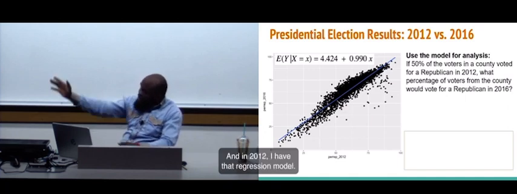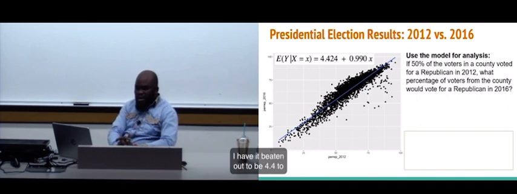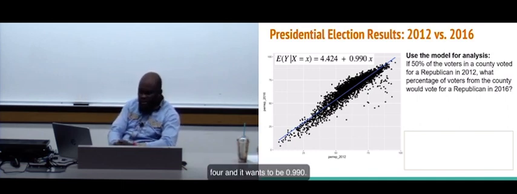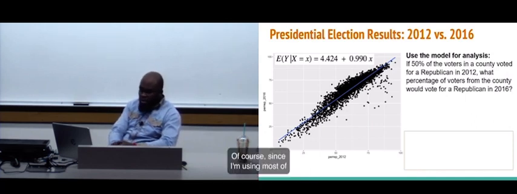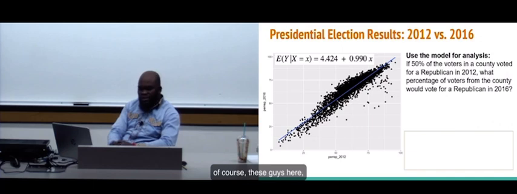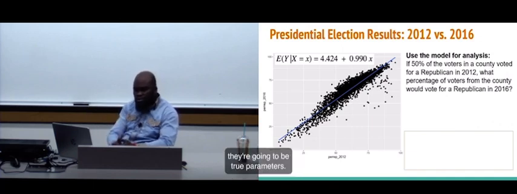In this regression model, beta naught is 4.424 and beta 1 is 0.990. Since I'm using most of the counties in the United States, these are going to be true parameters.